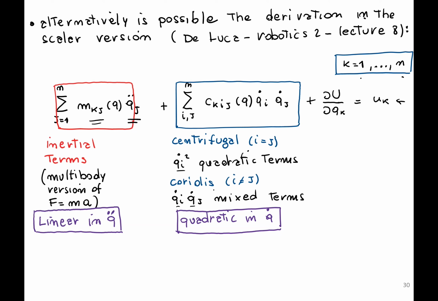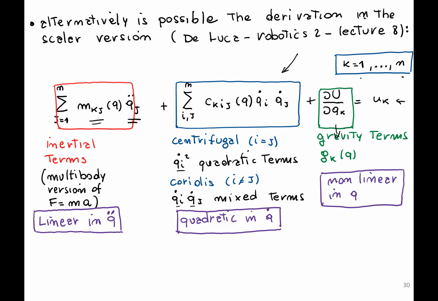So this represents Coriolis forces, all this vector, and also centrifugal forces. Finally, we also have the gravity component, that is a nonlinear dependency on q, because it depends on cosine and sine that are trigonometric functions and are nonlinear.